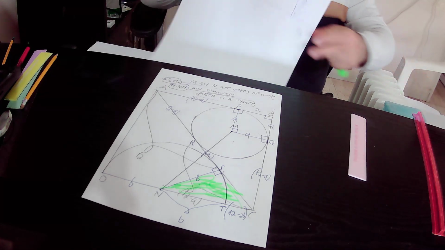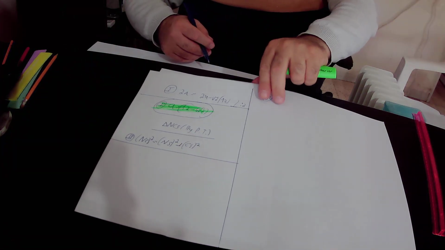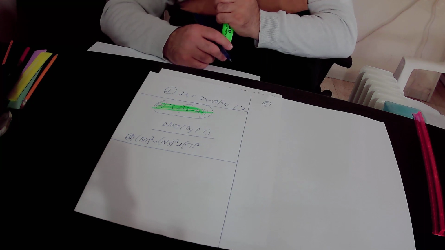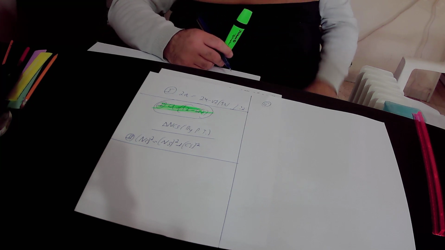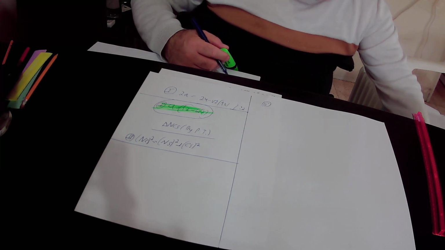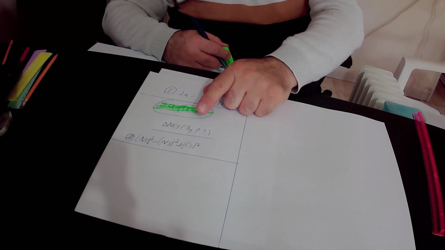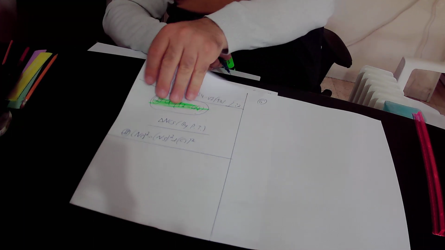I'll repeat again: in the right green triangle NCS, according to the Pythagoras theorem, the square of the hypotenuse equals the sum of the squares of the perpendiculars. That is to say, NC squared equals NS squared plus CS squared.